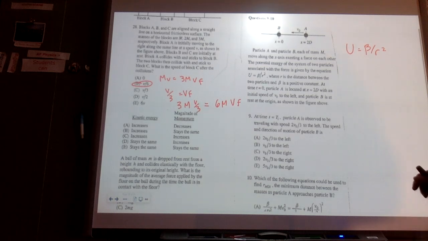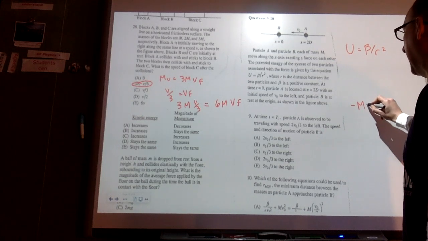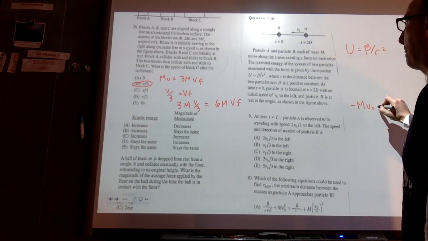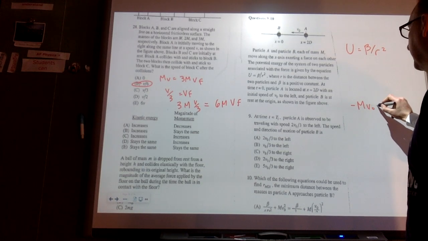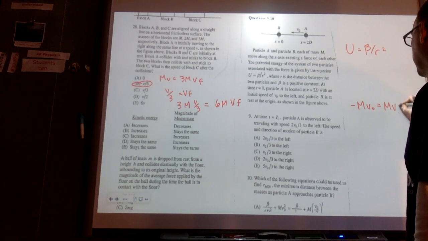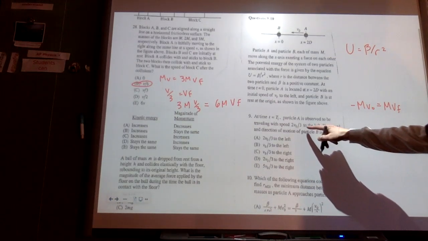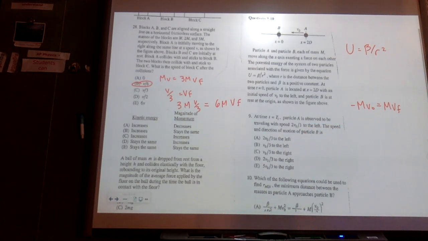Okay, so I have minus m v naught. B is at rest. It's going to be equal to m times v final. And we're saying that particle A is going to the left at 2/3, so it's going to be minus m times 2/3 v naught.